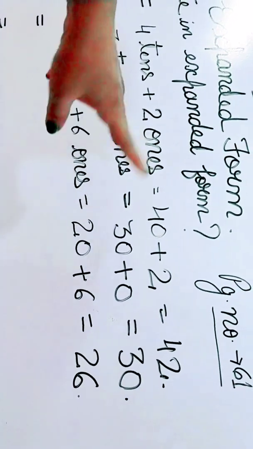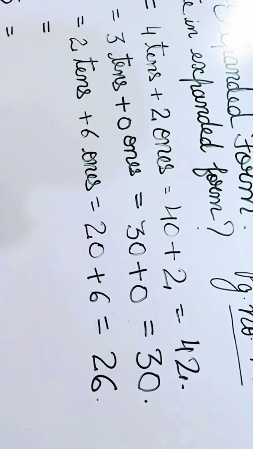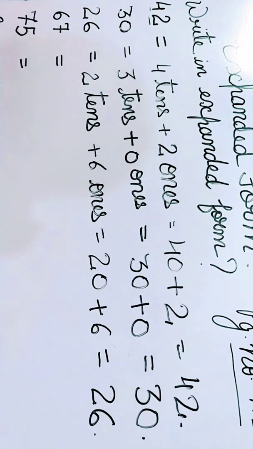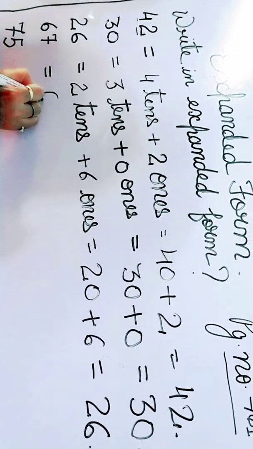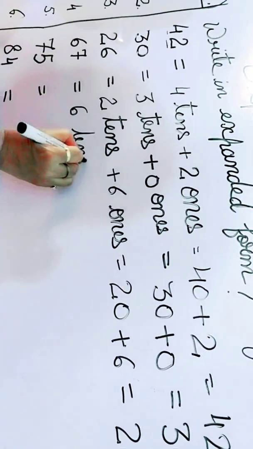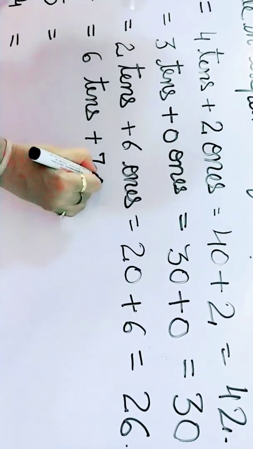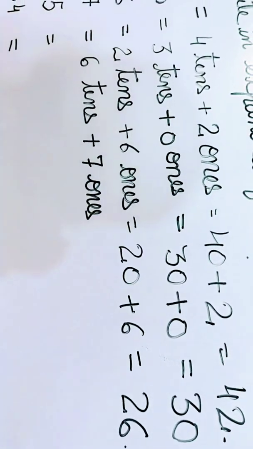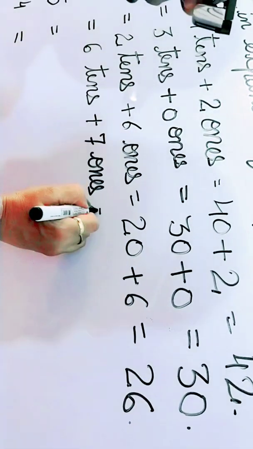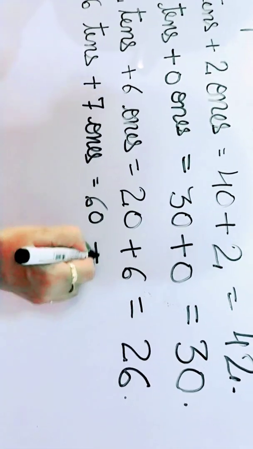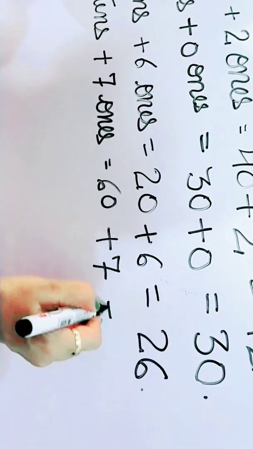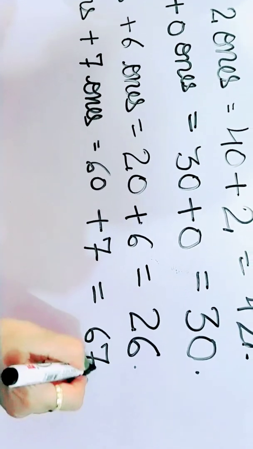Both the ways you have to write. Got it? Next, 67. 6 tens plus 7 ones is equal to 60 plus 7. So it is 67.